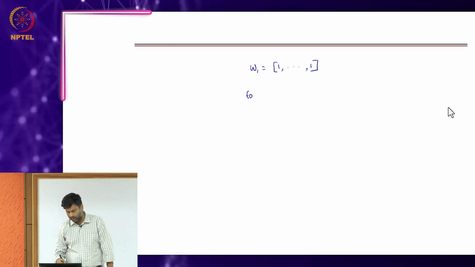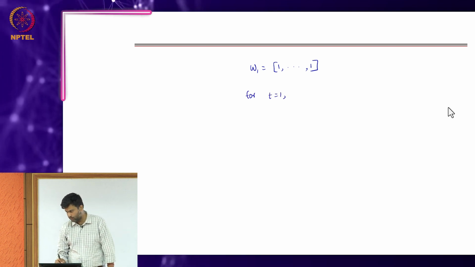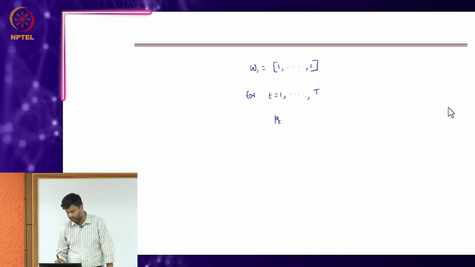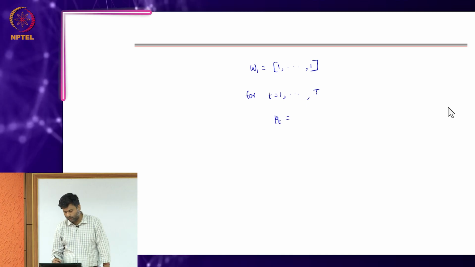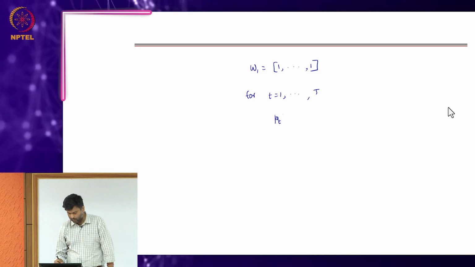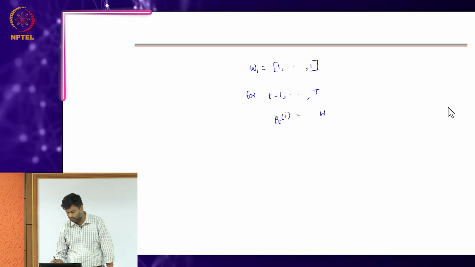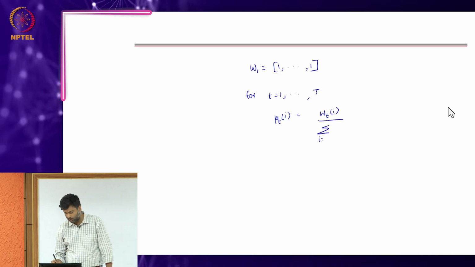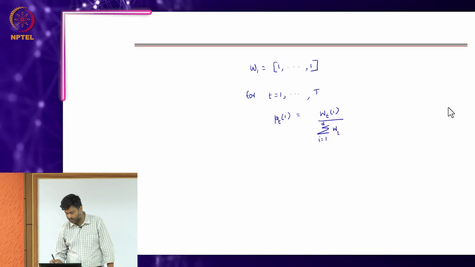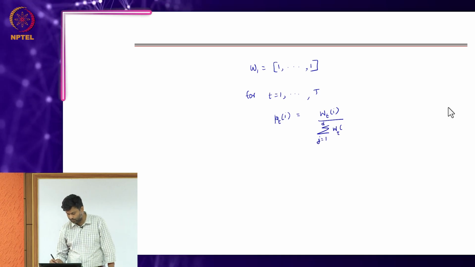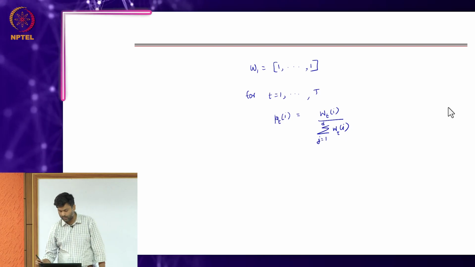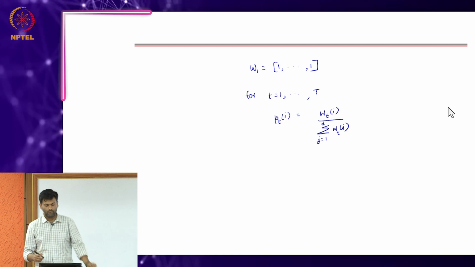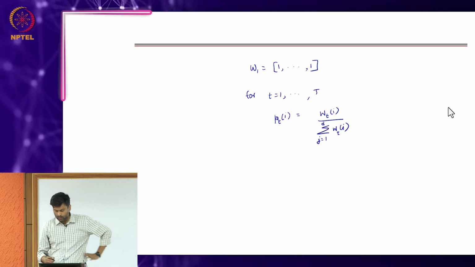For t equals 1 to T, at every round it decides on a probability vector, where p_t(i), the probability of choosing the ith arm, is just the normalized weights: the weight of an arm divided by the sum of the weights.